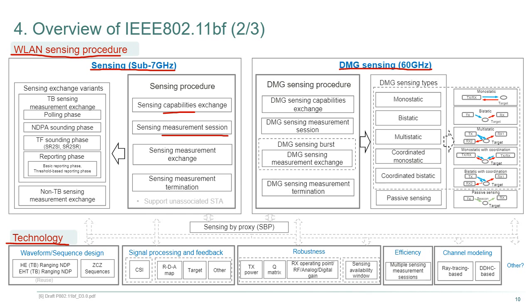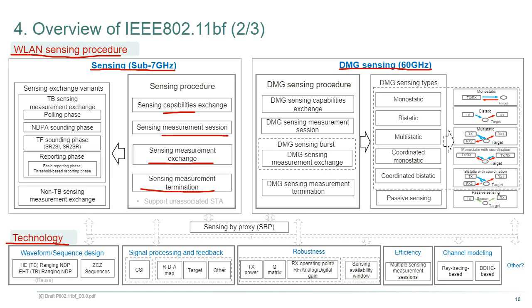And then we will have the real measurement exchange happen here, so how we get the sensing measurement, for example, the CSI, channel state information. And then the final stage is to terminate the measurement, or terminate the sensing procedure.